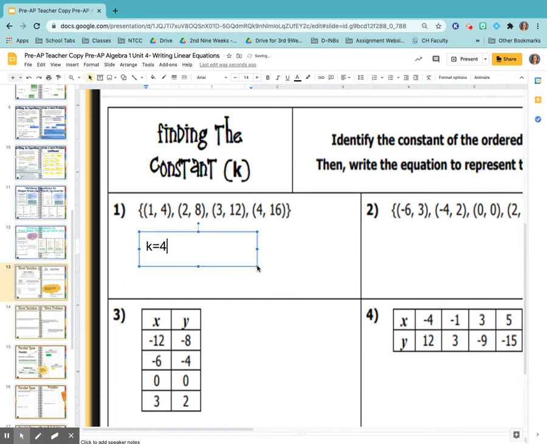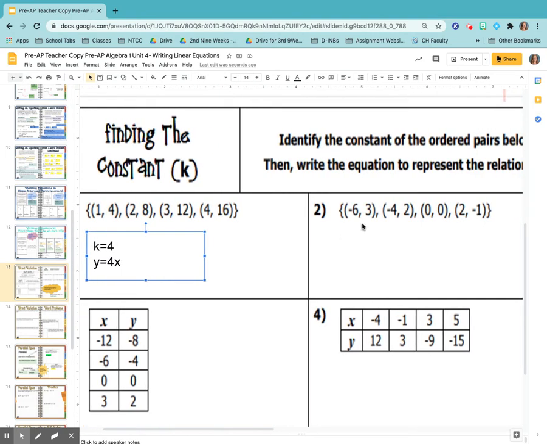K equals 4, y equals 4x, 4 times whatever x is. So if you look here, it says 1, 4. If I multiply the x value times 4, I should get the y value. 1 times 4 is 4. 2 times 4 is 8. 3 times 4 is 12. 4 times 4 is 16.